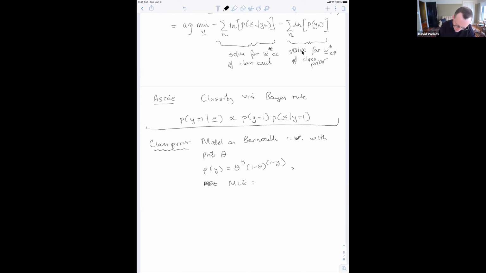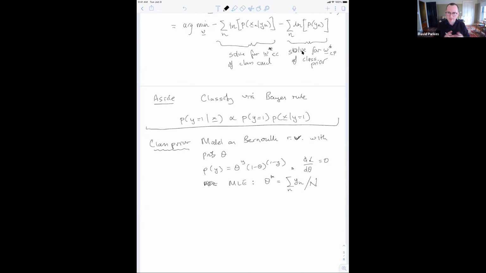So now think about taking d loss d theta and setting that to 0. If you do that, it's just a couple of lines of algebra. You should take the log to make it easy. Then you can show that the parameter you would estimate, theta, is the sum of the y's divided by the number of examples in your data set.